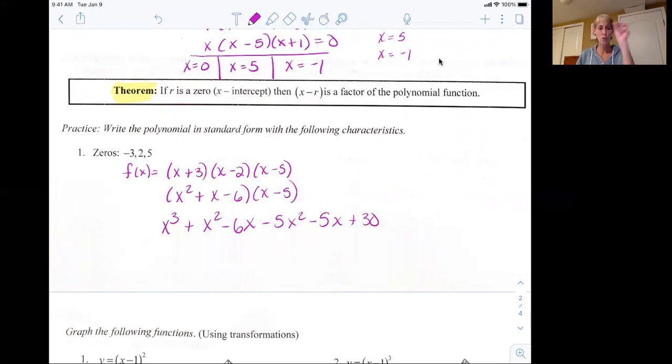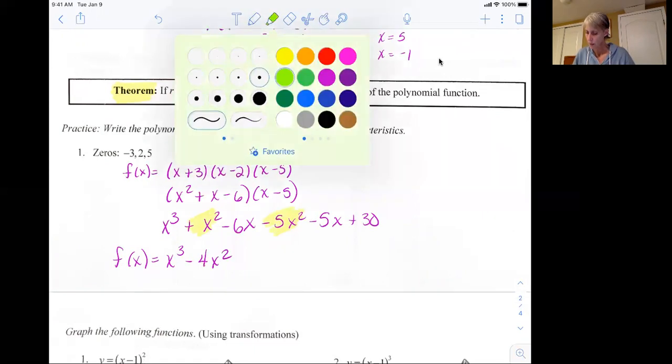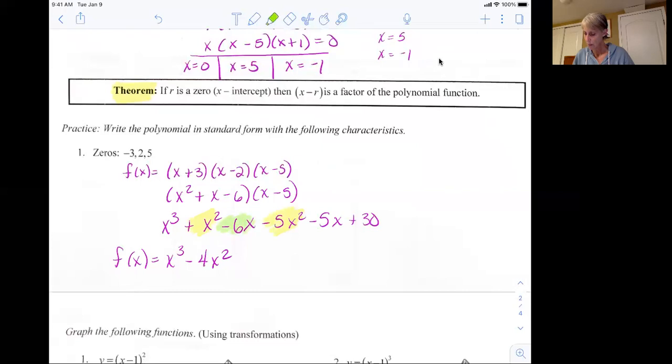All I did was distribute. And again, that's something you know from Algebra 2. Combine like terms, x squared minus 5x squared. That's going to be minus 4x squared. Negative 6x minus 5x gives me negative 11x.